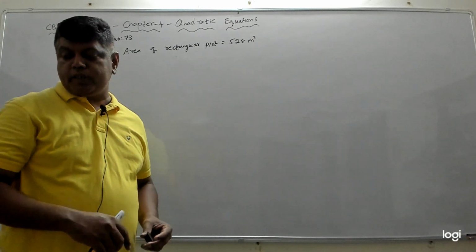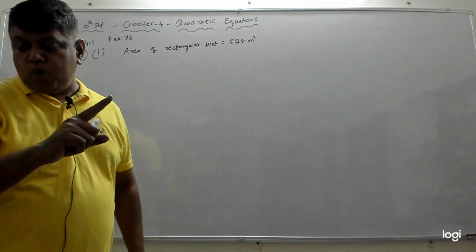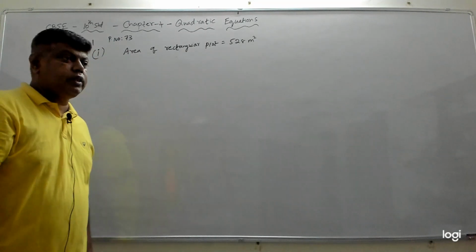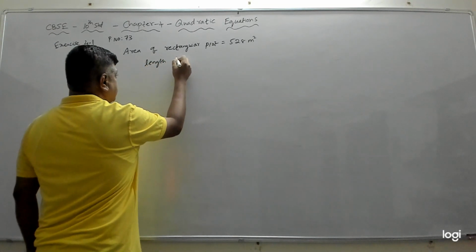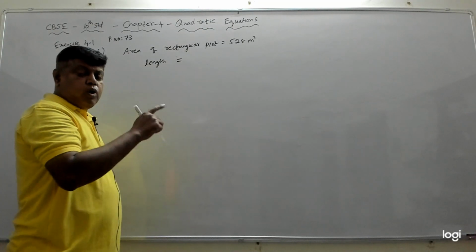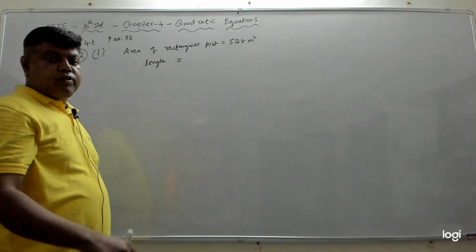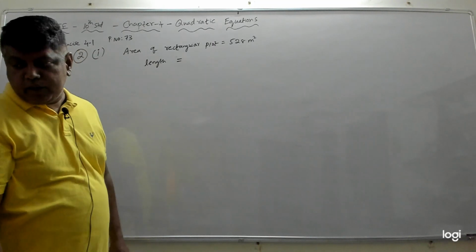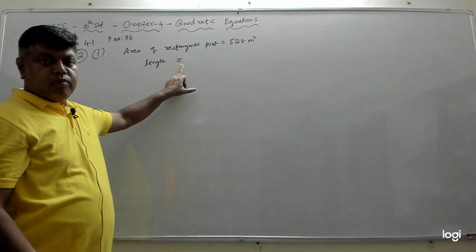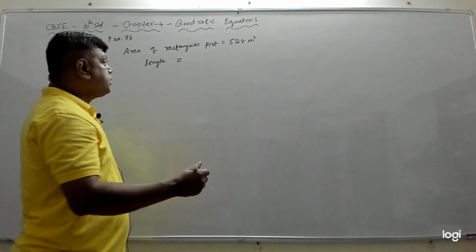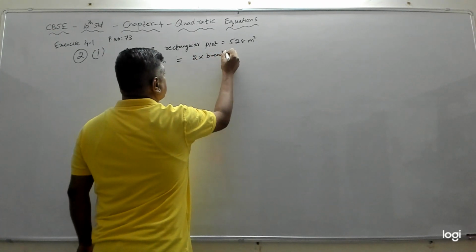The second part of the question says, the length of the plot is 1 more than twice its breadth. So length is equal to 1 more than twice the breadth of the plot. Twice the breadth means 2 times breadth, plus 1.